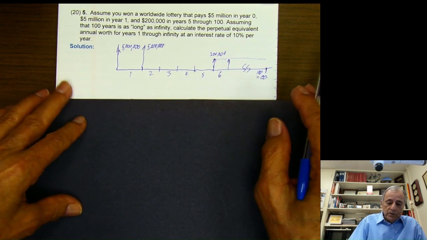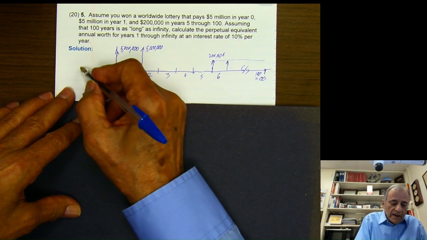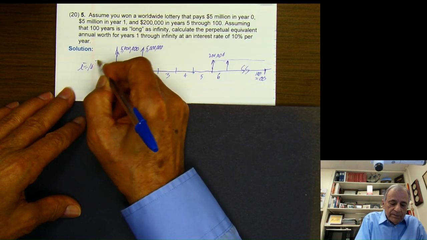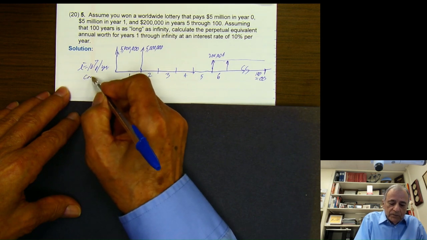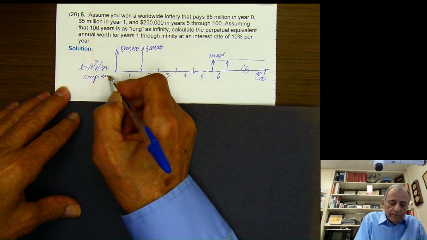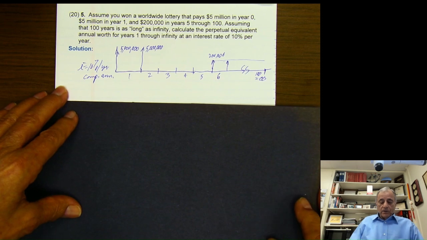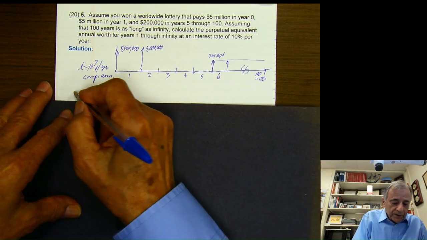So we're given i equals 10% per year, compounded, we assume annually.